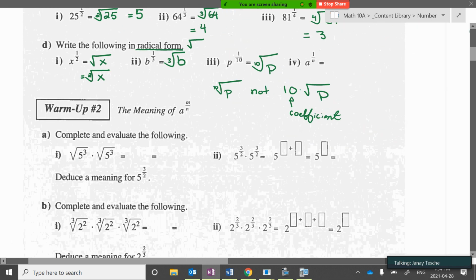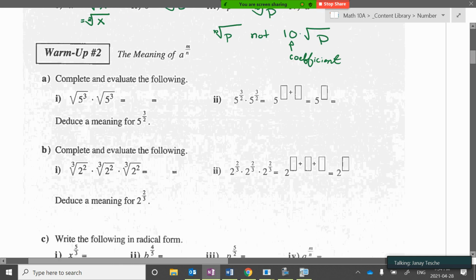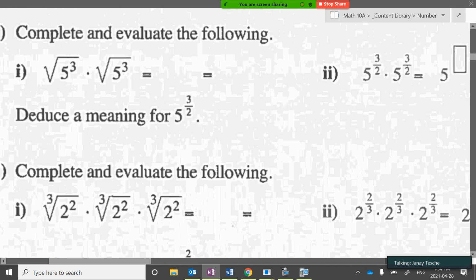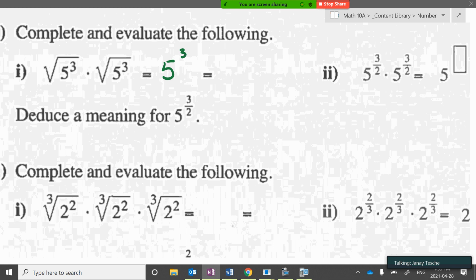Where this becomes slightly more difficult is that you can have an exponent within your square roots. It sounds more difficult than it is. For example, their first example has the square root of 5 cubed times the square root of 5 cubed. Anything times the root of itself times the root of itself just brings us back to 5 cubed. Like the square root of 25 times the square root of 25 is 5 times 5, which is just 25.